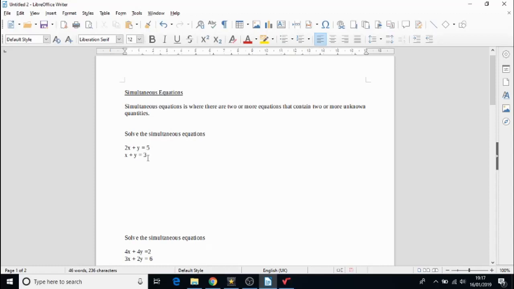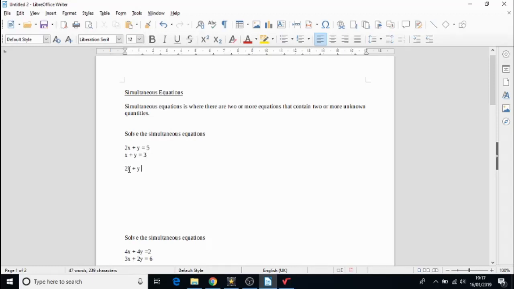But see, what you do to one term, you must do to all the other terms in that same equation. So the same way you're going to subtract positive y from positive y, you're going to do 2x minus x, and 5 minus 3.